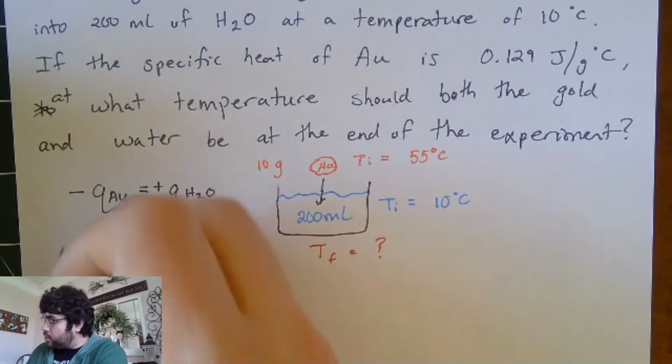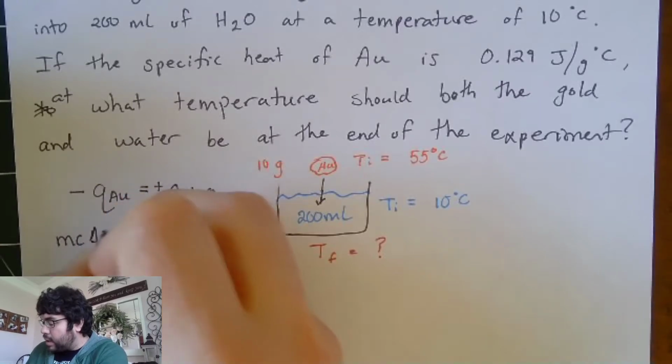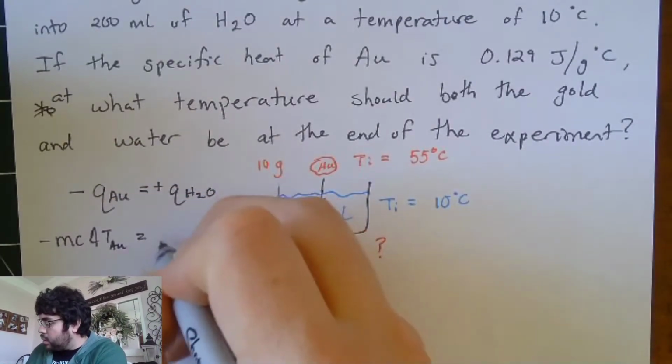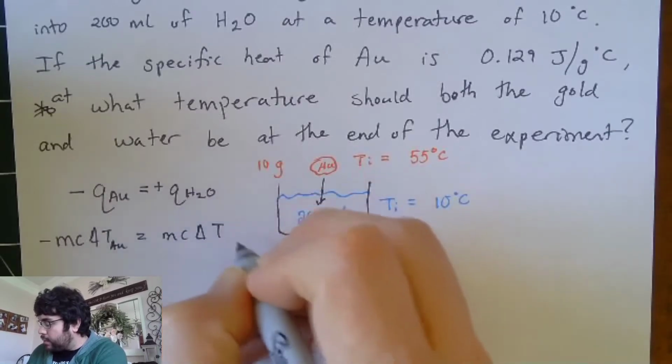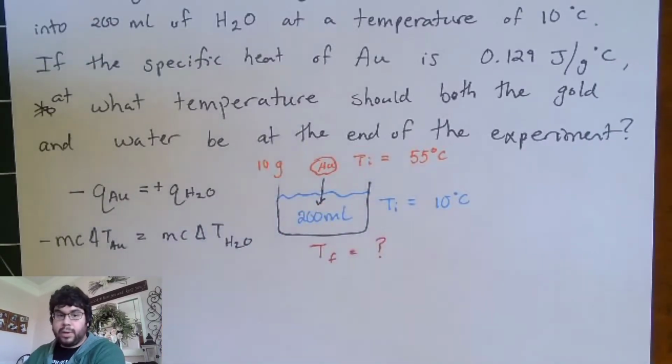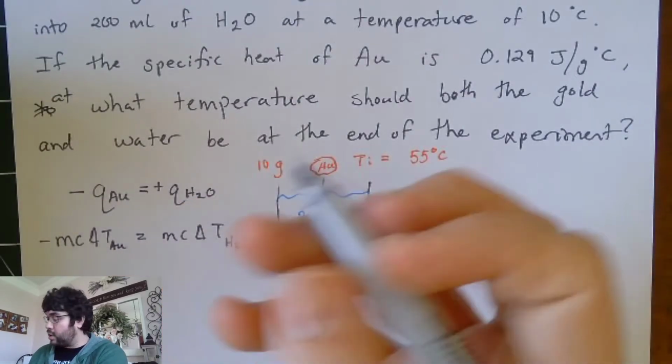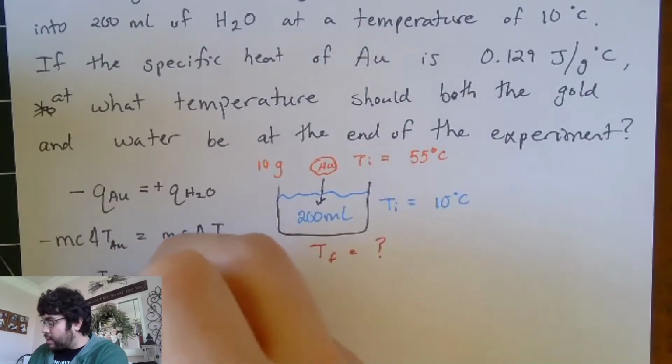And so what we can do is we can say, okay, well, MC delta T for the gold has got to be equal to the MC delta T for the water. And we know that delta T, that's final temperature minus initial temperature. We know that the final temperatures are the same.